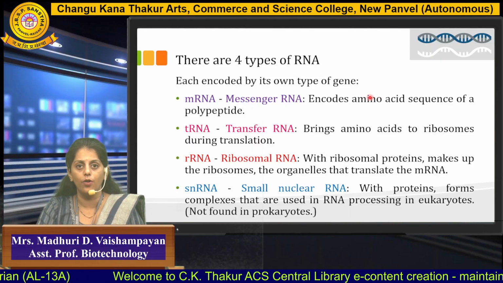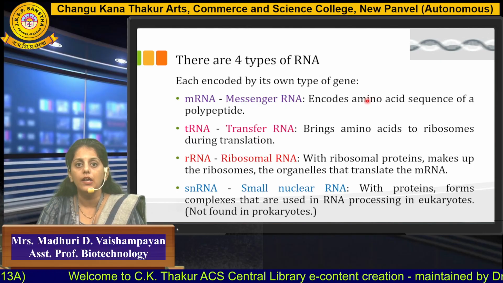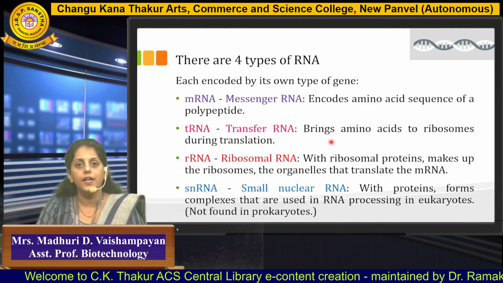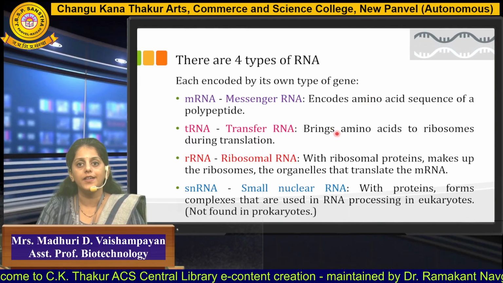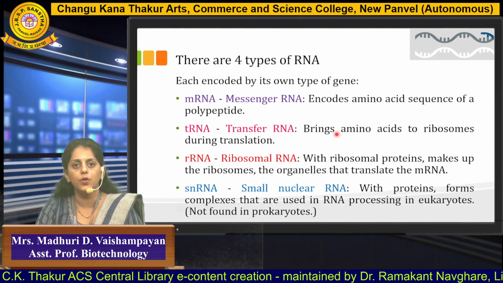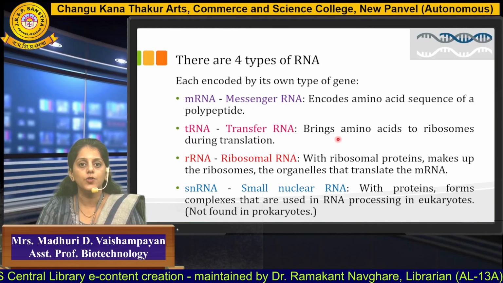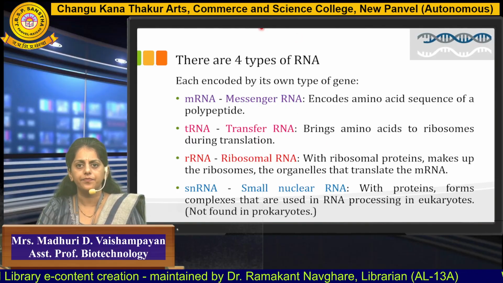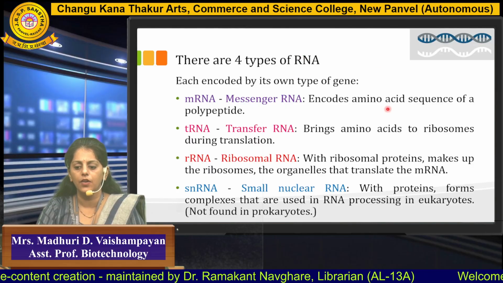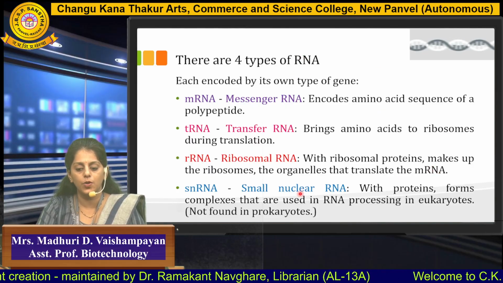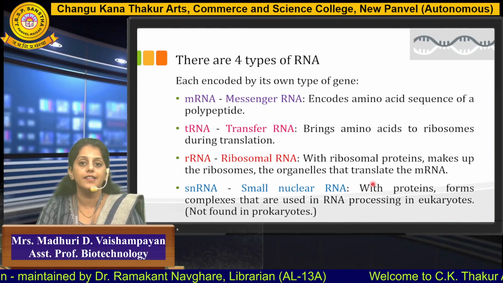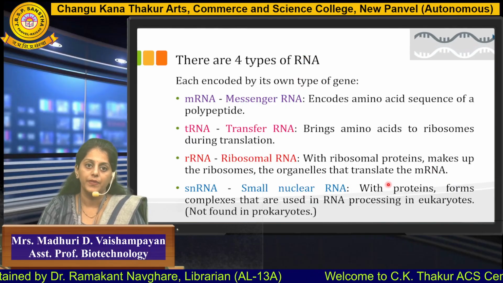This is the major role played by your mRNA molecule, and transfer RNA will bring the amino acids to the ribosomes during the process of translation. Ribosomal RNA is having the ribosomal proteins which make up the ribosomes, the organelles that translate the mRNA molecule.